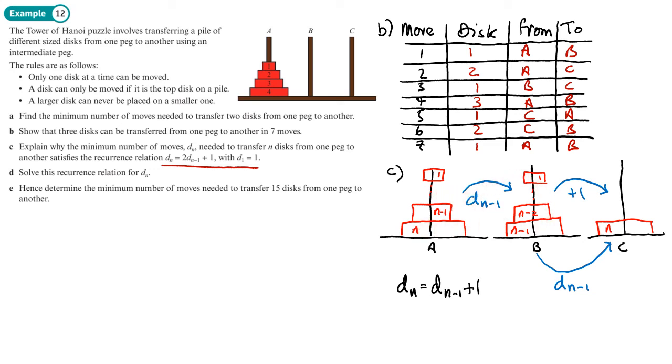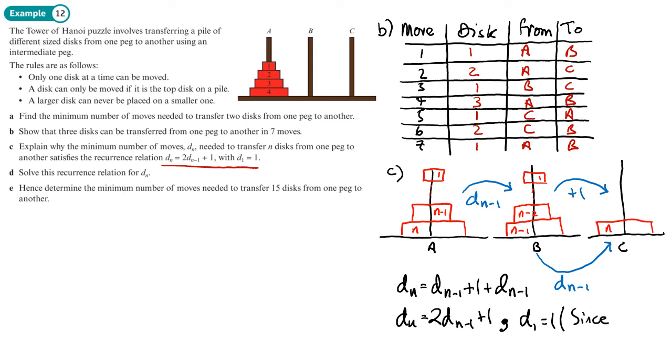Then 1 move to move the bottom disk to the empty peg C, and then it's going to take another dn minus 1 moves to move all of these disks on top of n. So we can simplify that and we get dn equals 2 dn minus 1 plus 1. Now since one disk can be moved in 1 move, that means d1 equals 1. So we'll just explain why that is.